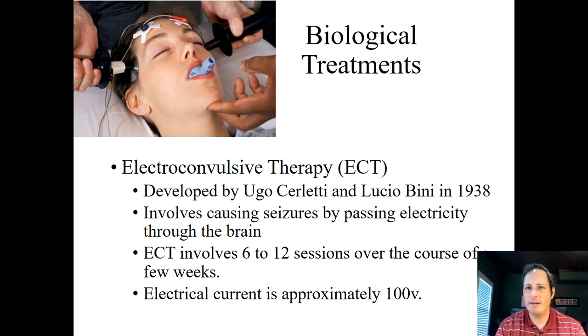What they basically discovered is if you pass electricity, putting electrodes usually at the temple, through a certain amount of electricity, it can cause a seizure in the brain. If you think about naturally occurring seizures, that's basically all it is: something in the brain malfunctions, sends out an electric burst, and it causes a seizure throughout the whole brain because, of course, the brain runs on electricity, and having a surge is not particularly good for it. And so electroconvulsive therapy had a really bad reputation for a number of years.